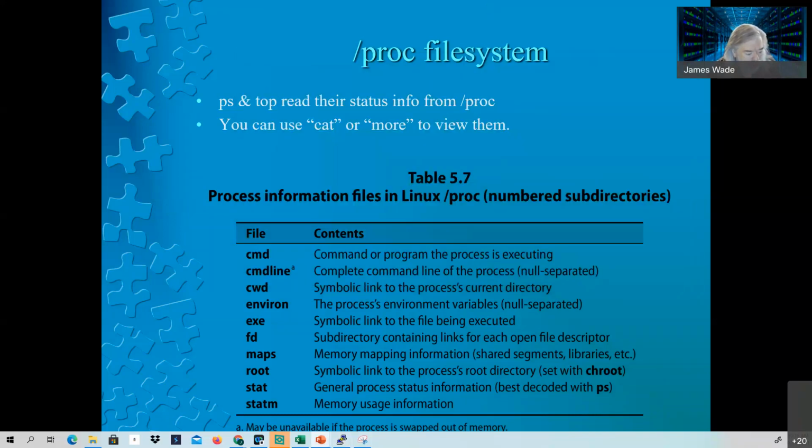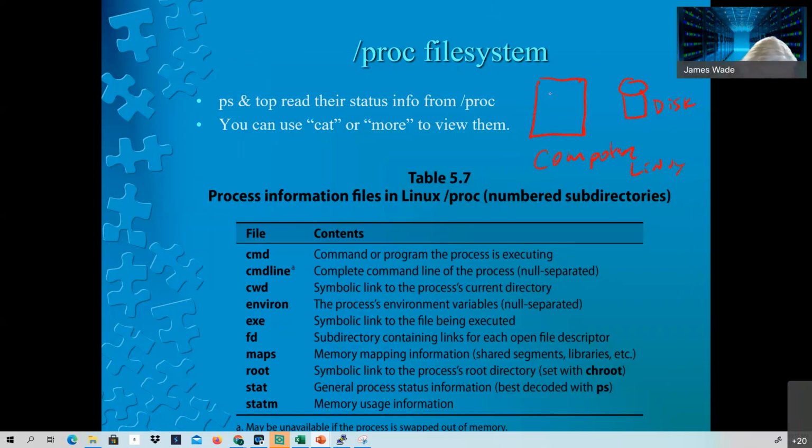Let's go back over here. So here I have a computer. And we're going to say this is a Linux computer. And here I have a disk drive. That disk drive's inside the computer, okay? Inside the computer.